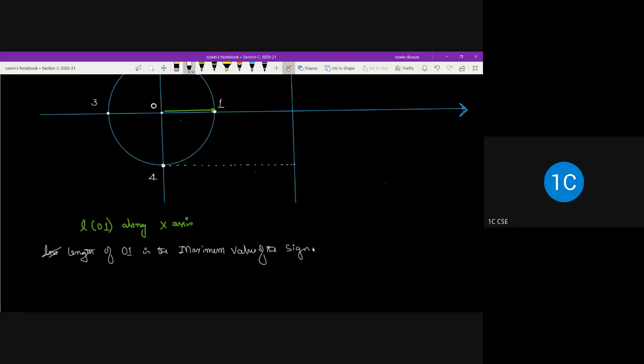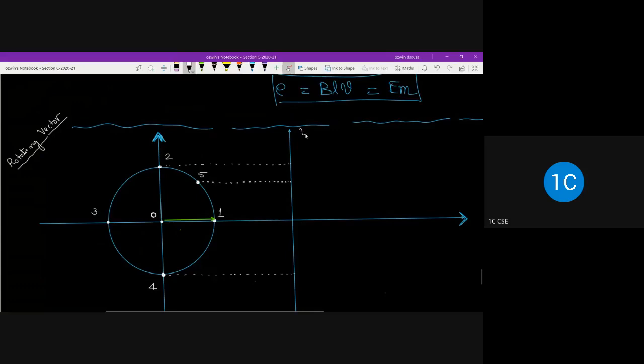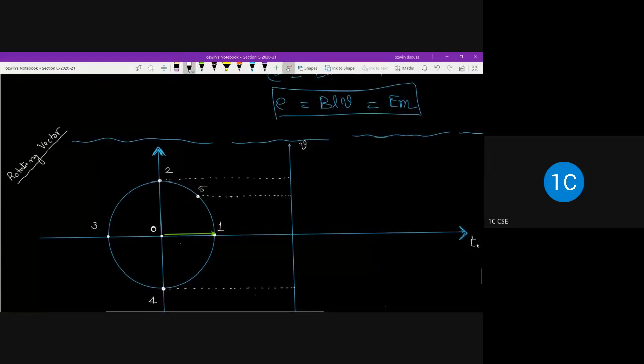The vector length represents the maximum value of the signal. Say length O1 is equal to Vm volts, where Vm is the maximum value of the instantaneous voltage. So this is our instantaneous voltage V, and this is our time axis.